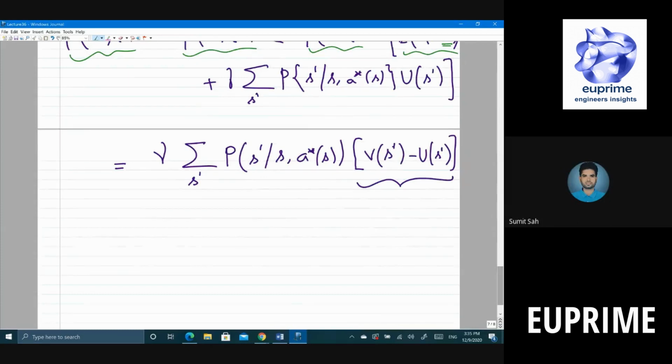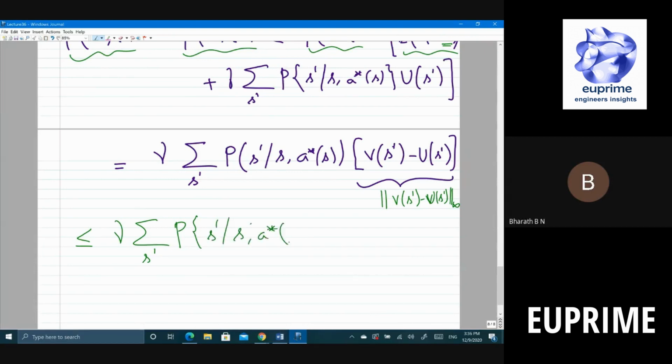So suppose I take this and replace it with, let's say, max here. Infinity norm. Okay, the max norm, the sup norm. Then I'm basically replacing this with the maximum possible difference, right? Then of course I should get an upper bound: the summation over S dash of probability of S dash given S comma A star of S times the V minus U. I'm sorry, this is not S star.